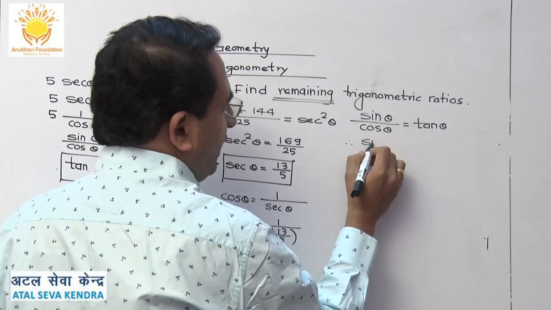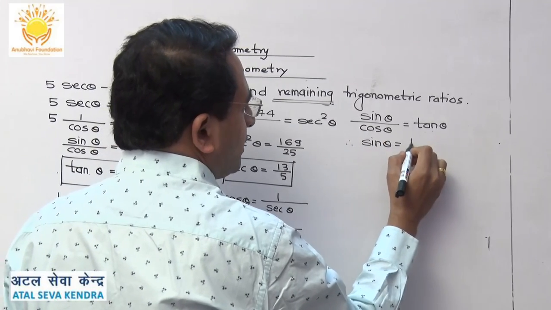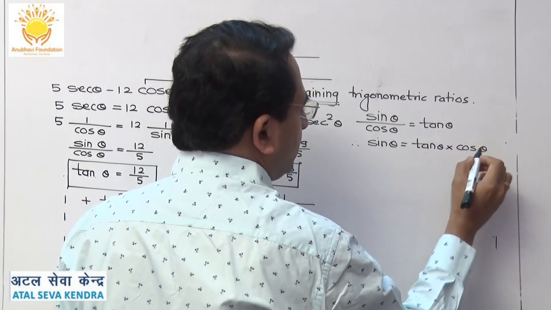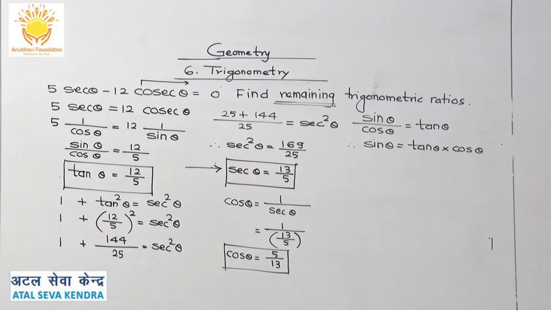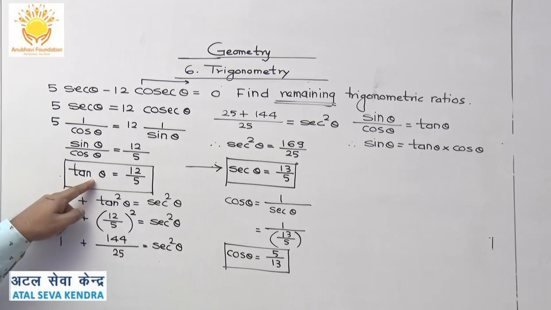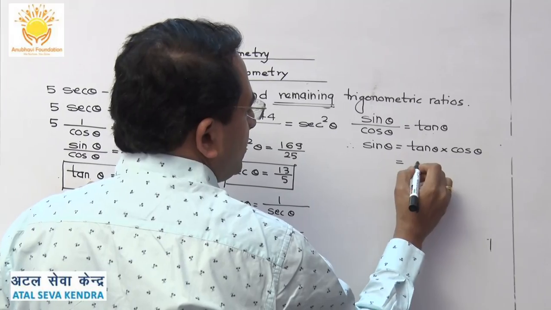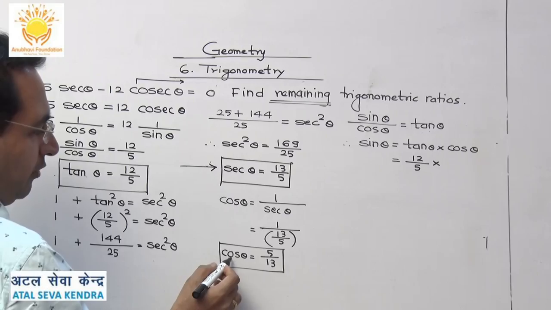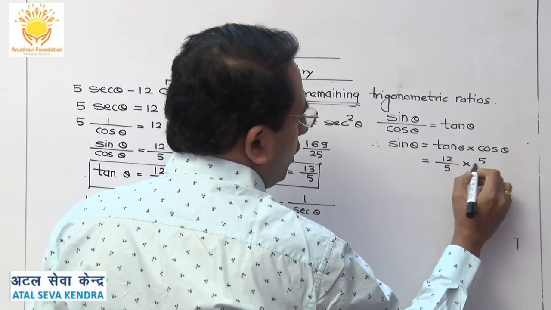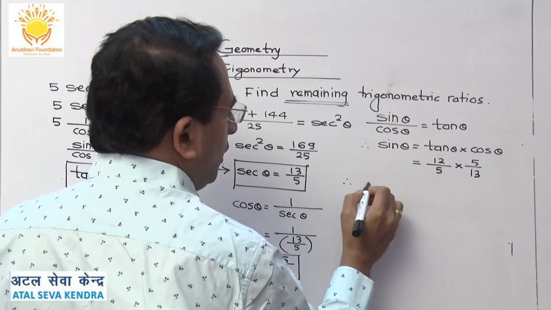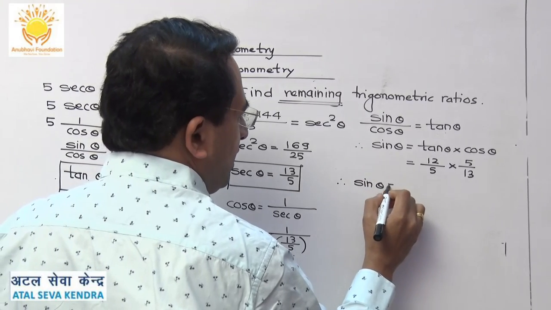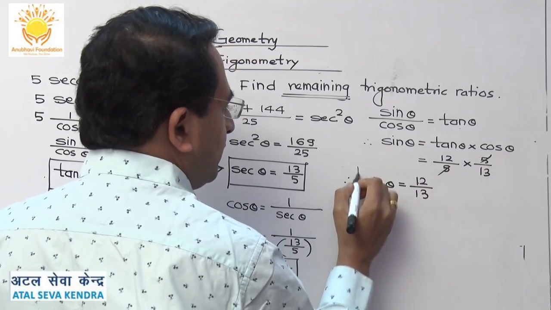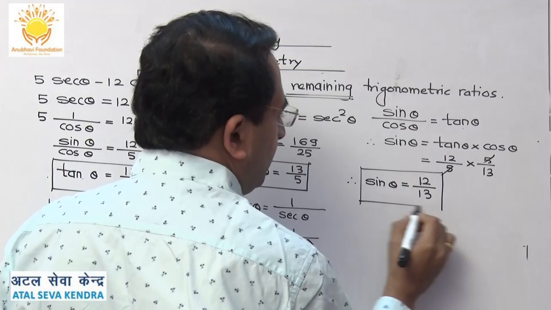So we can write sine of theta is tan of theta multiplied by cos of theta. Tan of theta you have got as 12 upon 5, and cos of theta we have just got, that is 5 upon 13. So therefore sine of theta is 12 upon 13, because 5 gets cancelled. This is the value of sine.